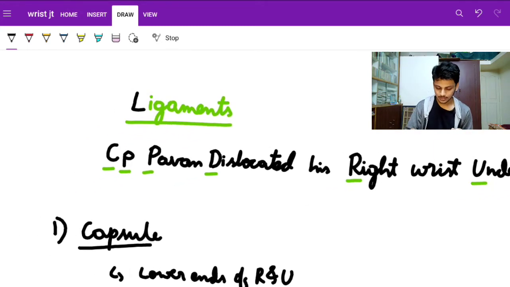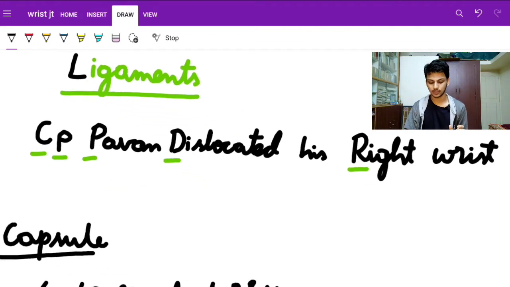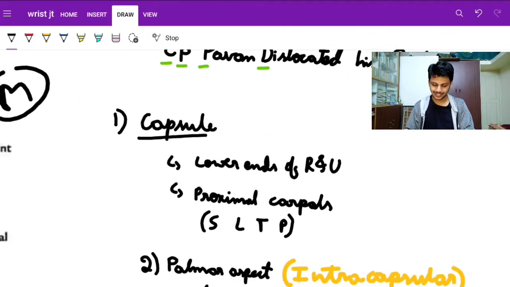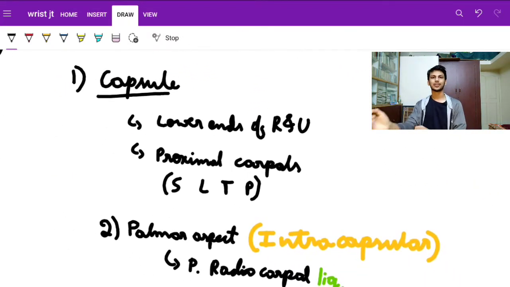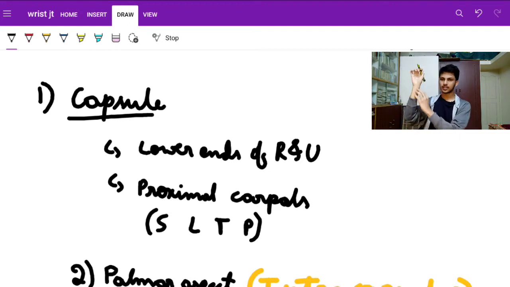See the letters which I have underlined in green are the initials for the respective ligaments. The first one is C. See the capsule, the capsular ligament of the articular capsule basically. So these are the attachments of the articular capsule. What are the attachments of the articular capsule? See, the wrist joint is here, between the lower end of radius and proximal carpals.